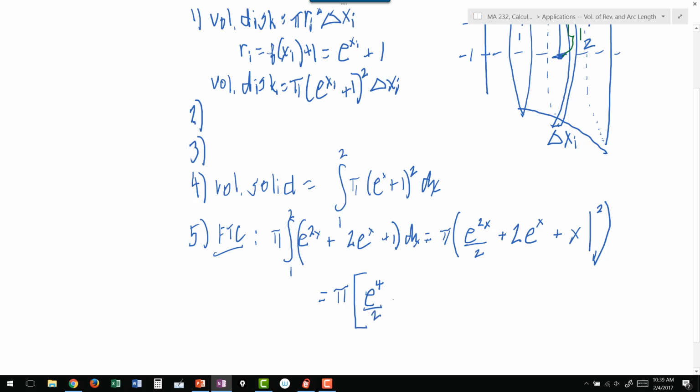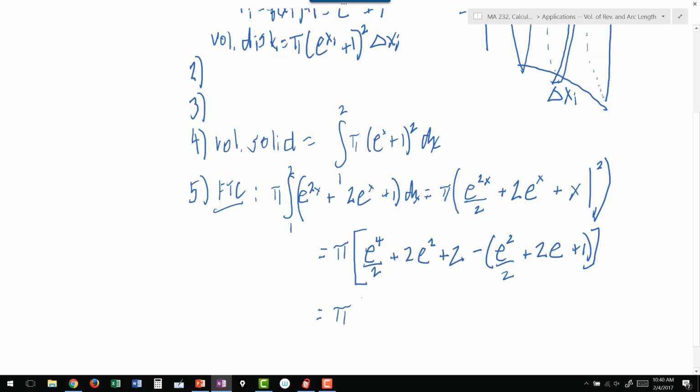So plug in x equals 2, we get e to the 4th over 2 plus 2e squared plus 2. And from that we subtract what we would get if we plugged in x equals 1. So that's e squared over 2 plus 2 times e plus 1. We can simplify this a little bit.